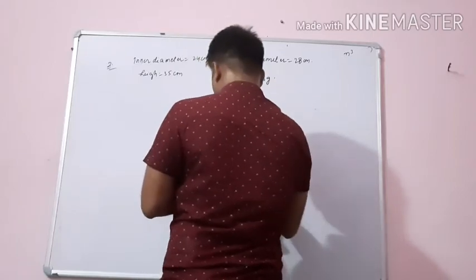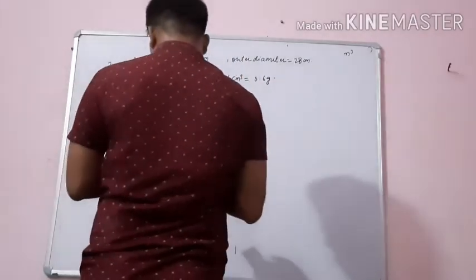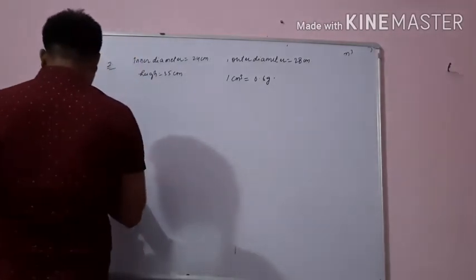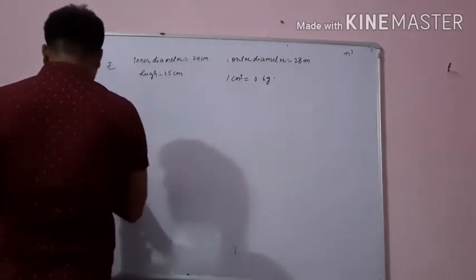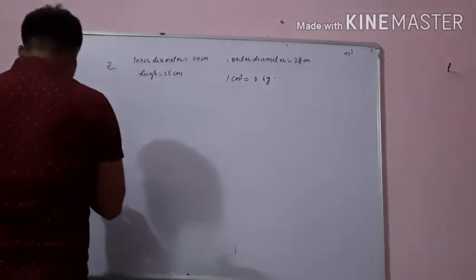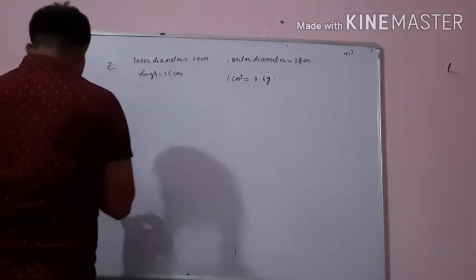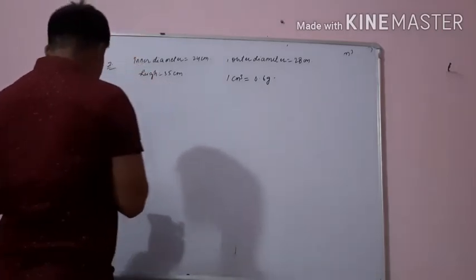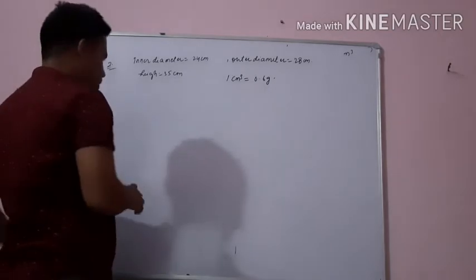So, in this question, we have been given a hollow pipe and we have to find the mass of the pipe. I am explaining first by figure. You see it.